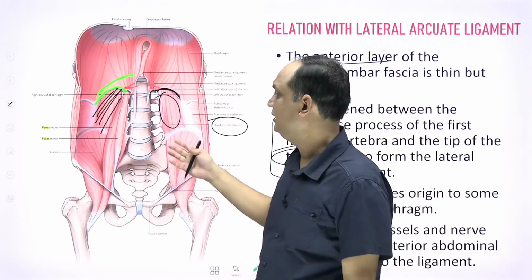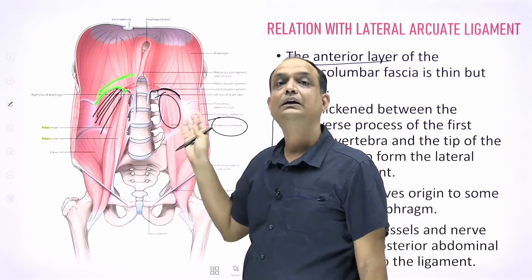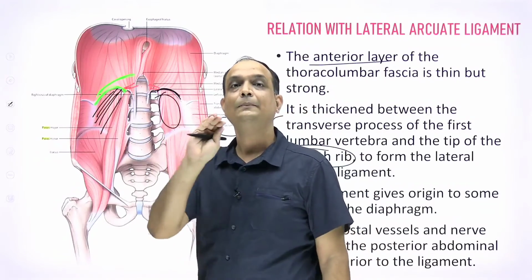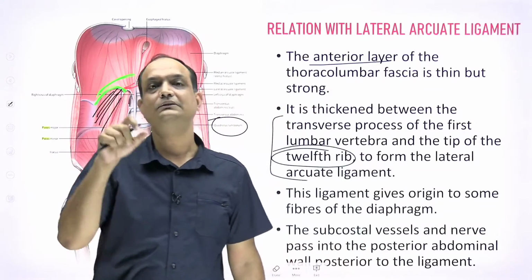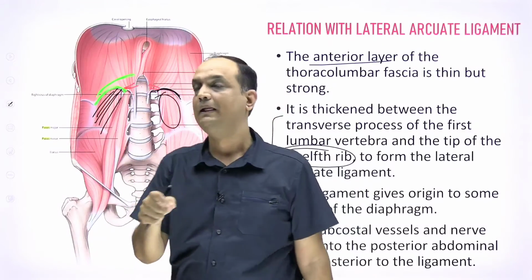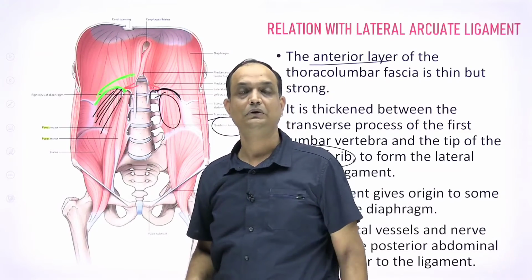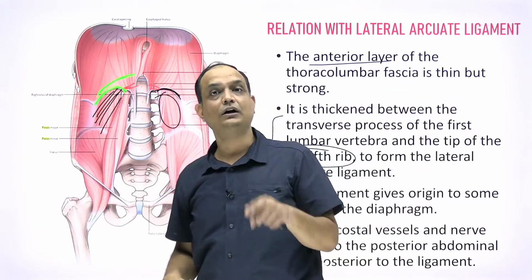So, why am I teaching this lateral arcuate ligament in this class of quadratus lumborum? Because, my dear friends, this is always the confusion in students, that they think this muscle is inserting into the lateral arcuate ligament. No. The muscle is not inserting.